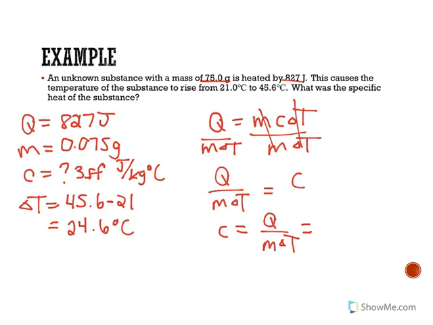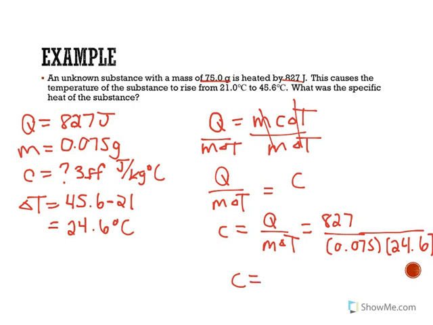And then plugging in our variables, we have 827 over 0.075 times 24.6.